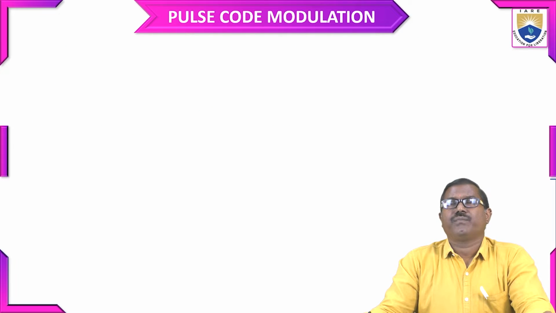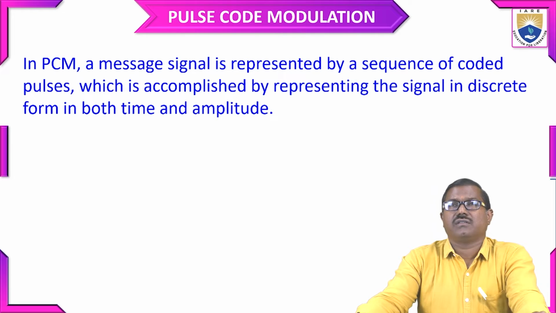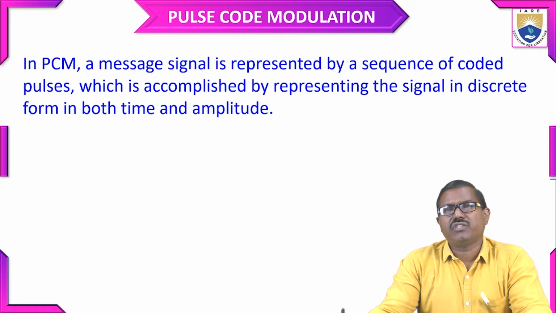And now the second topic of this session is pulse code modulation. The pulse code modulation is the first digital communication system. After this PCM, we have DPCM, differential pulse code modulation, DM, delta modulation, and ADM, adaptive delta modulation.